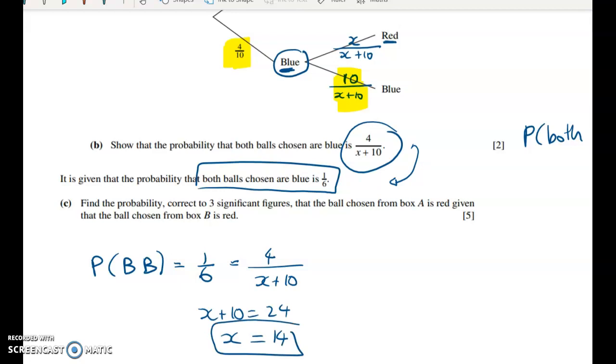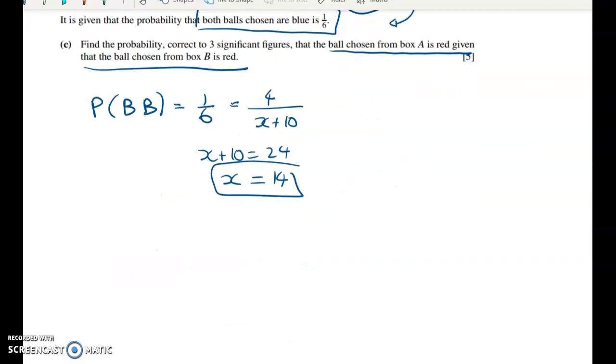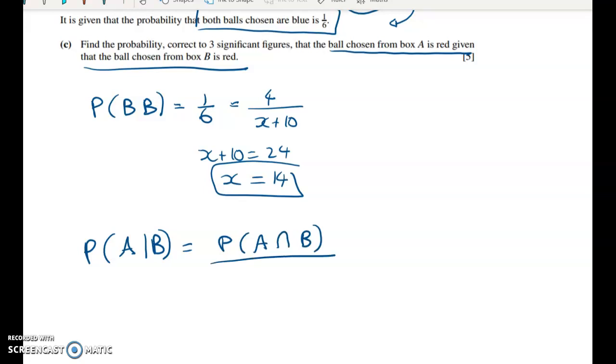And now we can go on and figure out the probability that the ball chosen from box A is red, given that we chose a red one from box B. So we're going to use our conditional probability idea. Given that B happens, what are the chances that A happens? That's equal to the probability of both of those things happening, divided by the probability that B happened to start with.